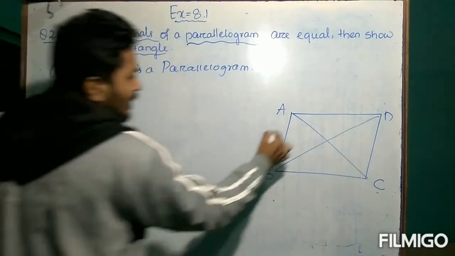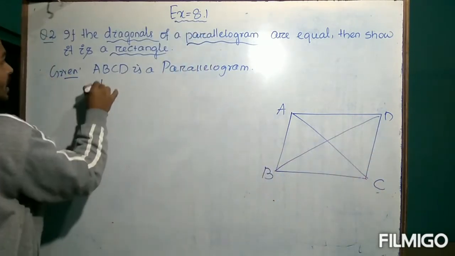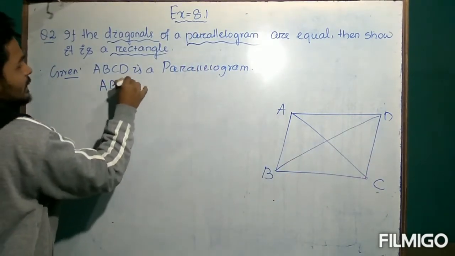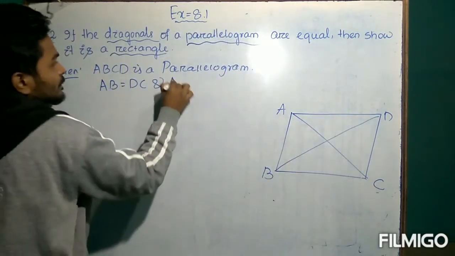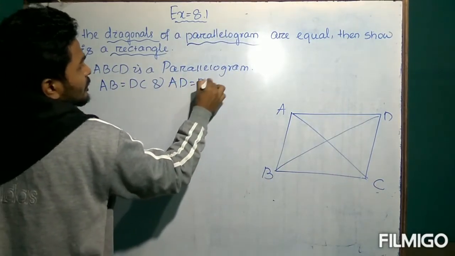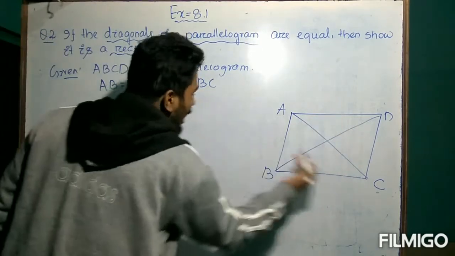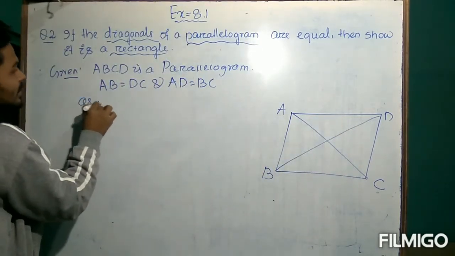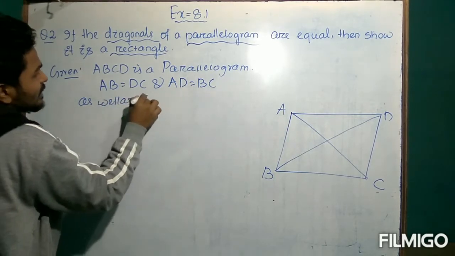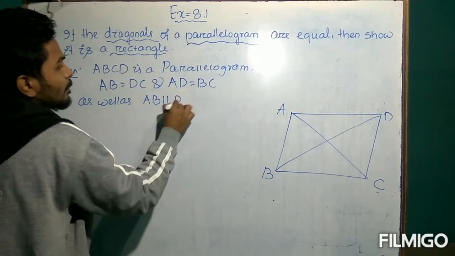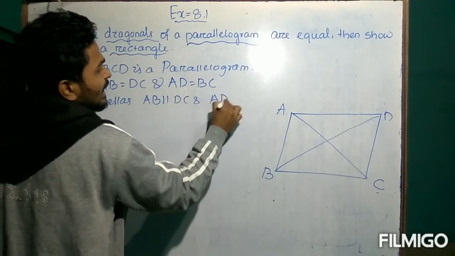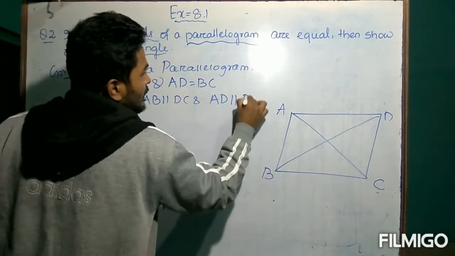So AB is equal to DC and AD is equal to BC, as well as AB parallel to DC and AD parallel to BC.